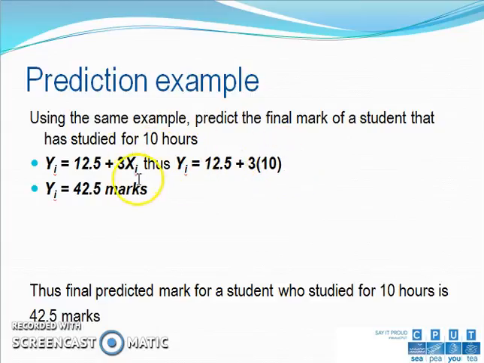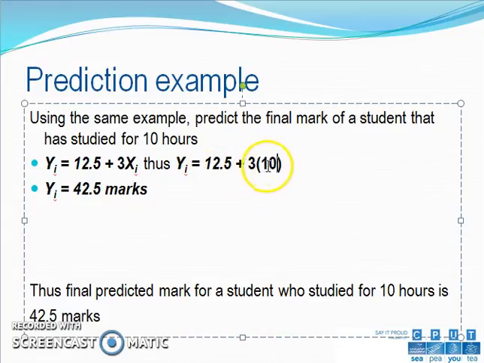Now, let me use an example to try and explain what I mean. In this case, it was hours and your marks. If you, for example, wanted to predict the final mark of a student that studied 10 hours, you would substitute the 10 where that x is. And you would then use the rest of the equation, which is 12.5 plus 3 times that substituted x, or independent variable, which you are interested in, 10 hours.